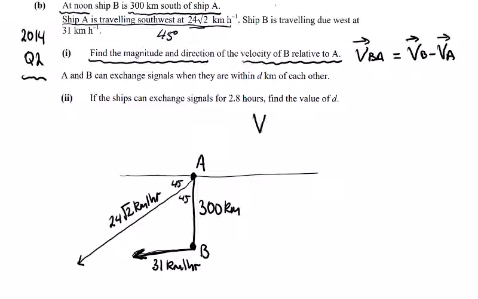The velocity of B, easy enough, it's just going in the minus i direction, so it's just going minus 31 in the i direction. It's not going anywhere in the j direction. A, however, we have an angle and we have a speed. So the speed, well, in this case, the angle actually doesn't matter here.